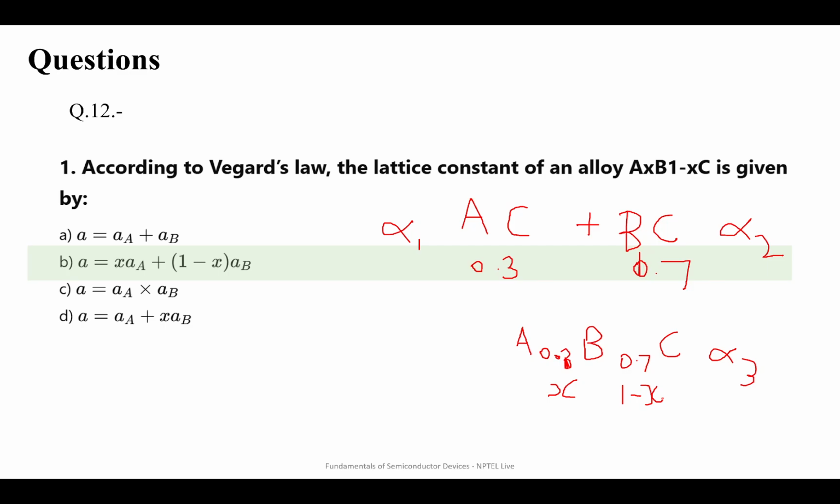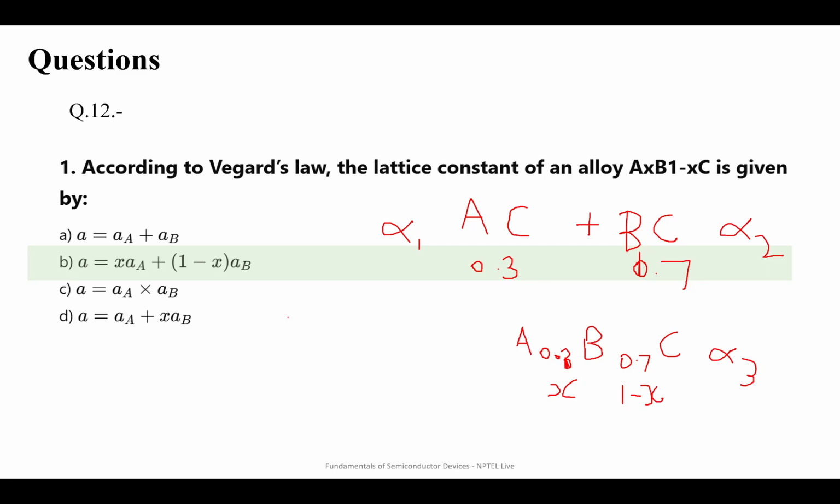So, x times the lattice constant of A plus (1 minus x) times that of B. Yes. Sir, how is it possible that option C will be the answer for a particular example? Because we learn that for any composition, the lattice constant will be a plus. Is there any possibility that option C will be the answer?